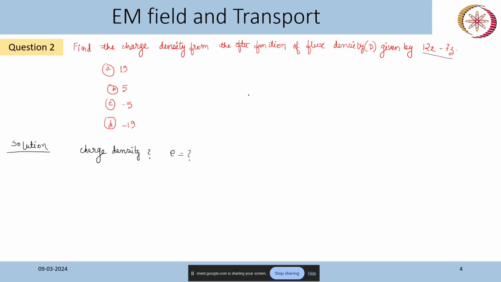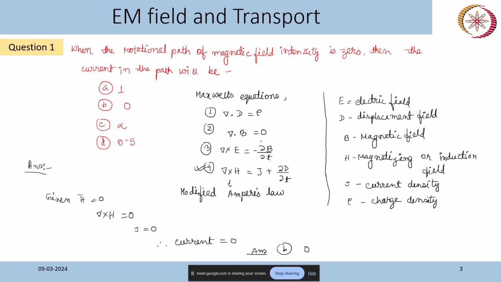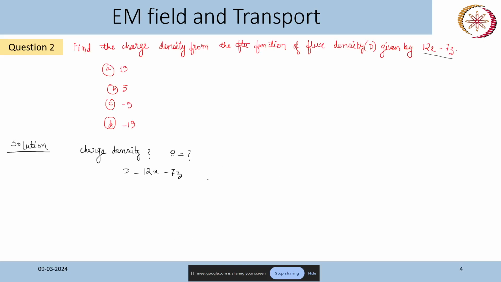Again we use Maxwell's equations. D is given as 12x minus 7z. The equation that we will use is the first one, del dot D equal to rho. That first Maxwell's equation is actually Gauss's law.